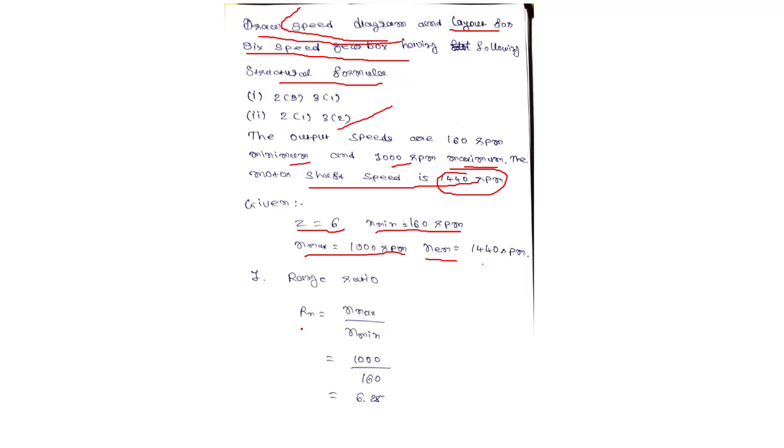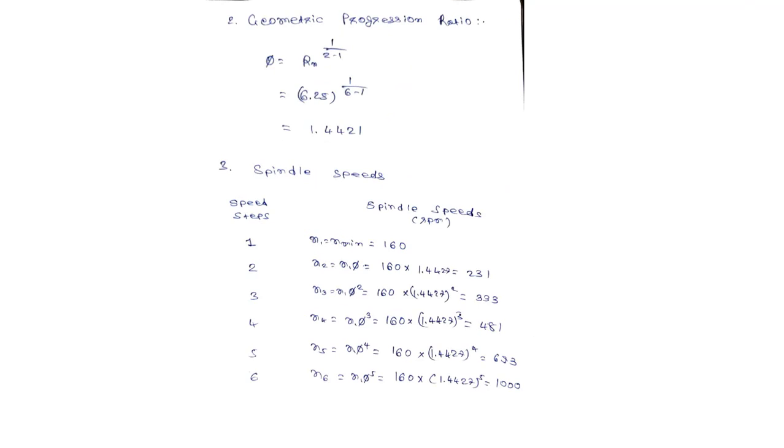The range ratio Rn is equal to N maximum upon N minimum. We know this equation, and we are given N maximum is equal to 1000 rpm and N minimum is 160 rpm. So 1000 upon 160 is 6.25, which is the range ratio. From that we can find the geometric progression ratio phi, which is equal to Rn raised to 1 upon Z minus 1.